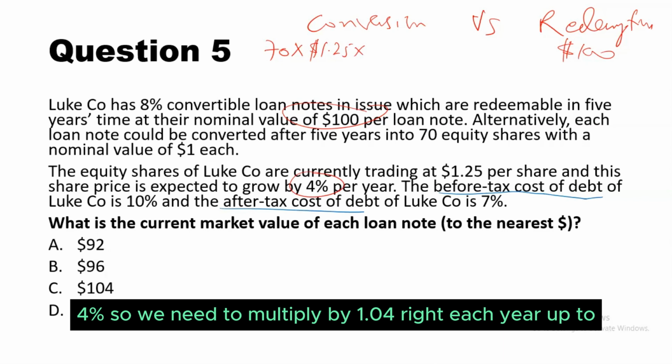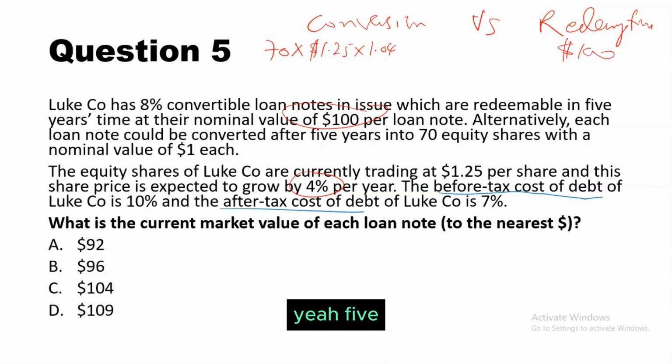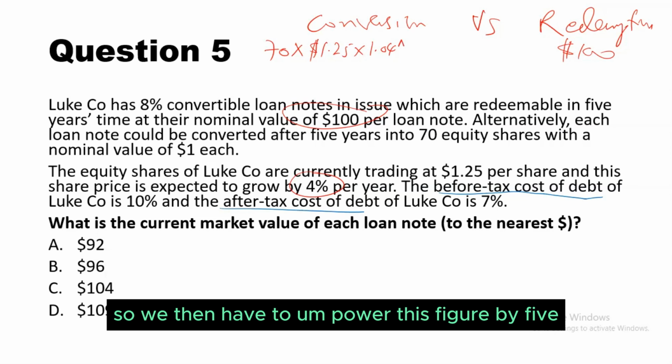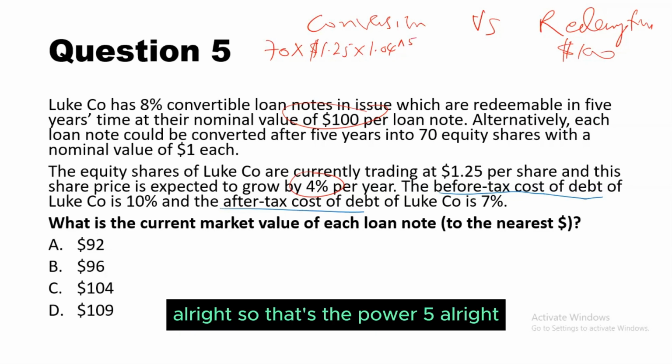So we need to multiply by 1.04 each year up to year 5. So we then have to power this figure by 5.